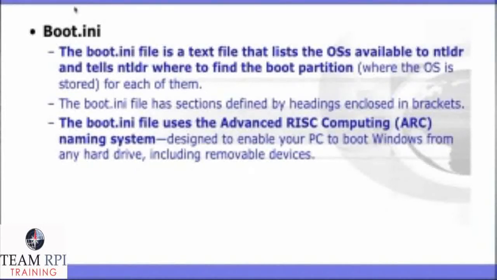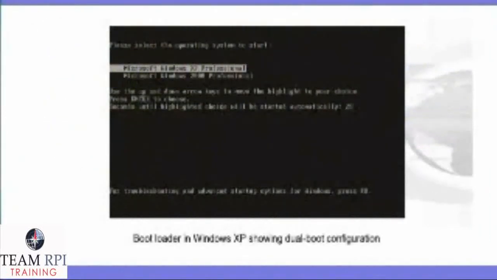This is designed to enable your PC to boot Windows from any hard drive available. This includes removable devices. Here's a look at a Windows XP machine with the bootloader showing a dual boot configuration. You see, I have the option of booting into Windows XP or Windows 2000 Professional.